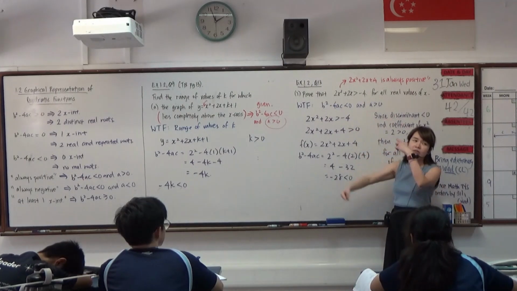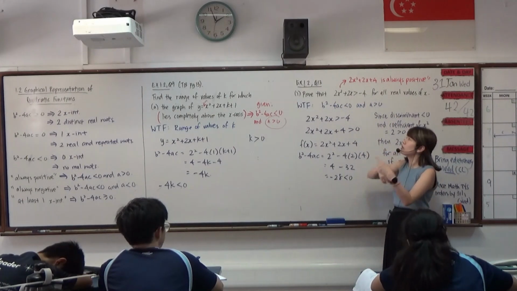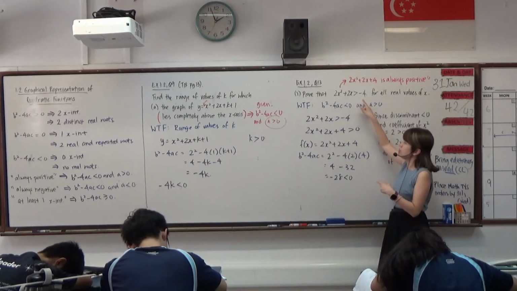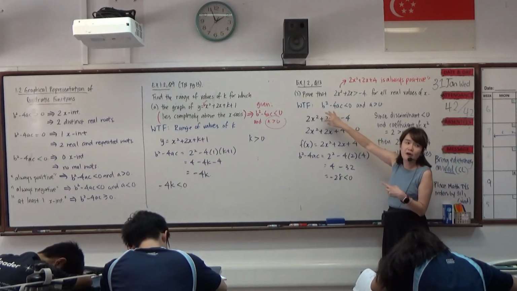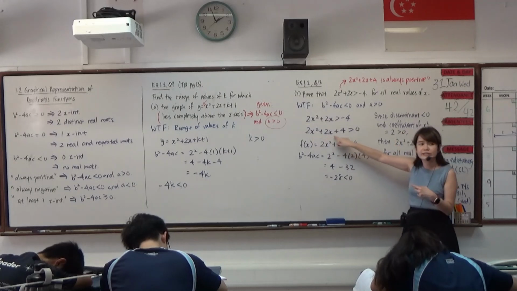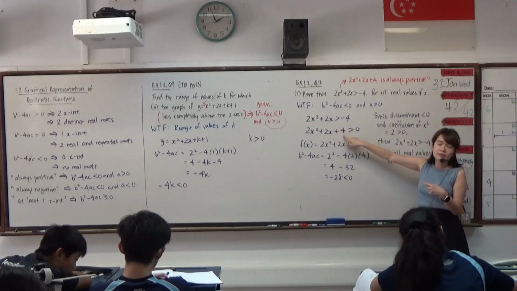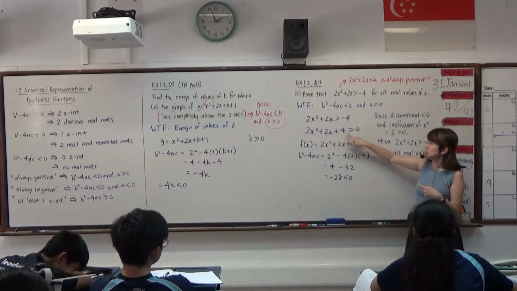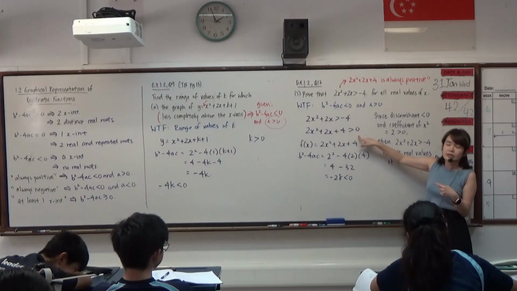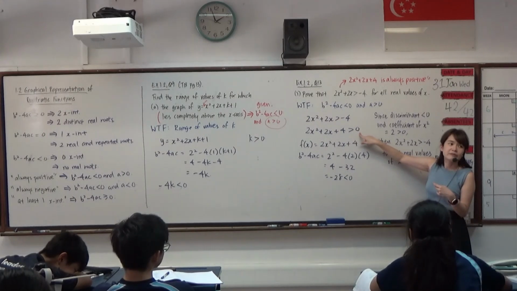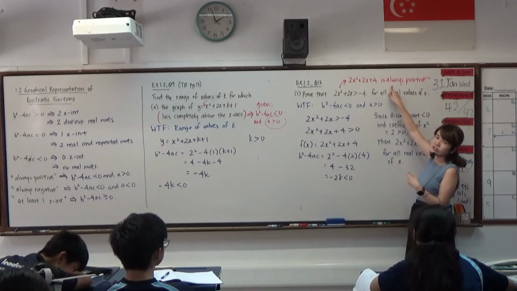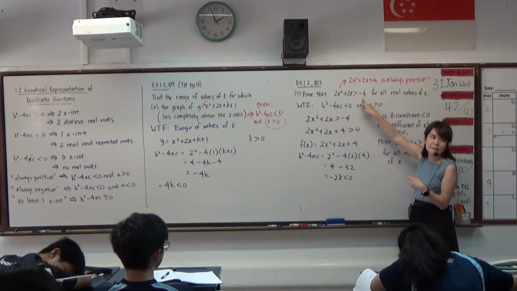We need to see the alternative meaning to it. The alternative meaning to this inequality is that I can shift this negative 4 over to the left, and this reads differently to us already. Because this is a quadratic function, telling us that this quadratic function is always more than 0, in other words, always positive. So that is the alternative interpretation to this statement itself.